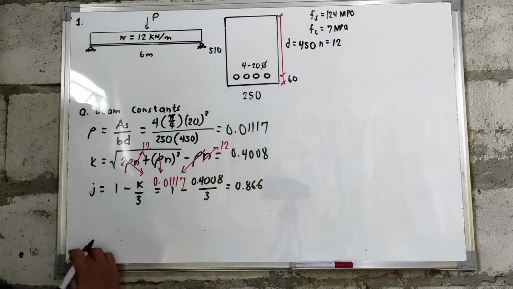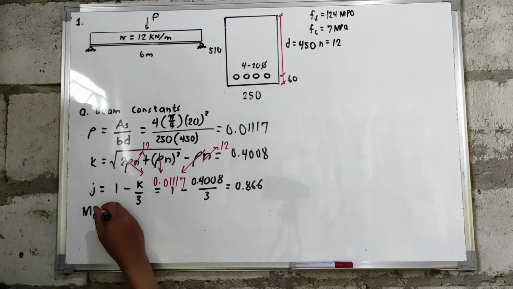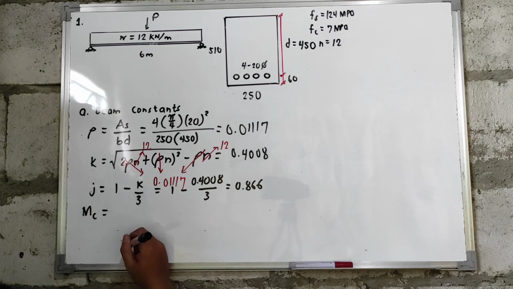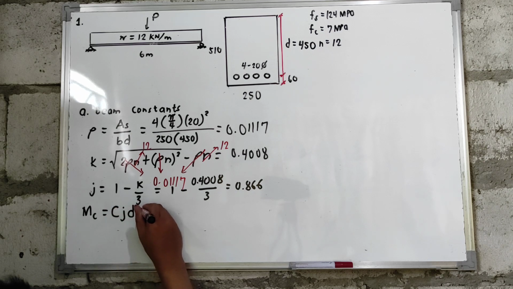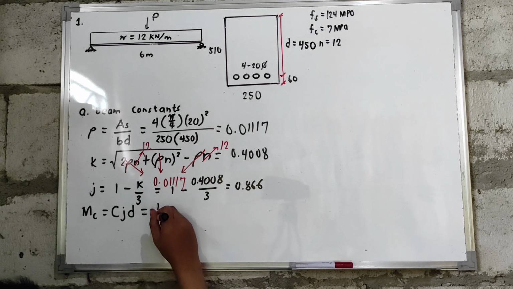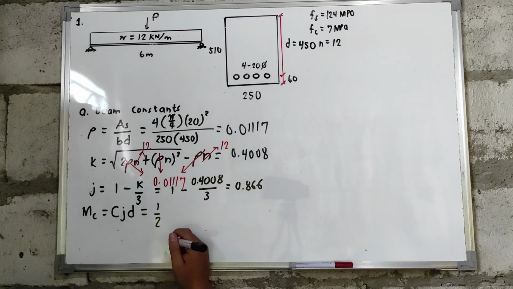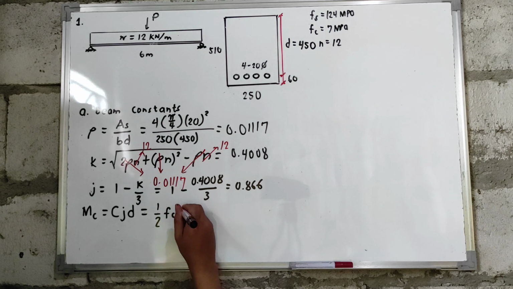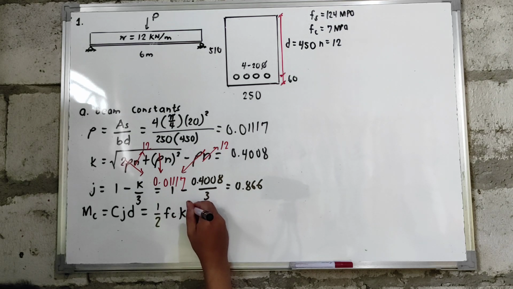So, as a form of review, para makuha natin yung resisting moment natin sa concrete, so that is equal to C multiplied by jd. So, ano ngayon yung formula natin for C? So, that is 1/2 multiplied by fc multiplied by k multiplied by b.